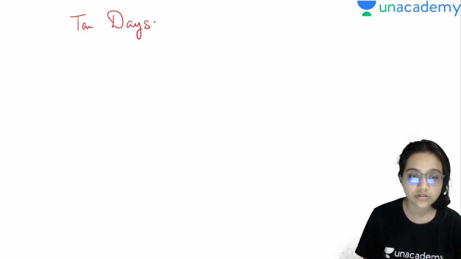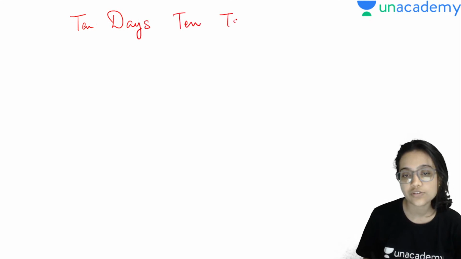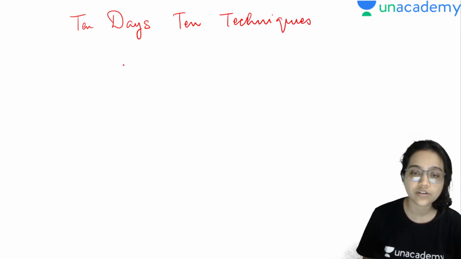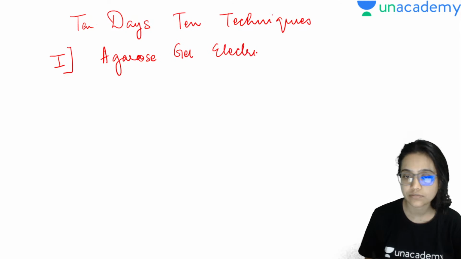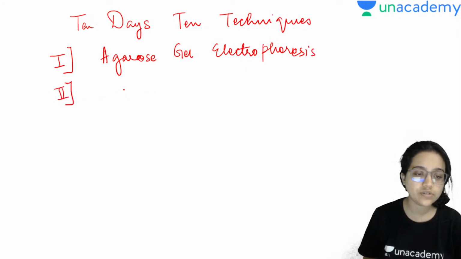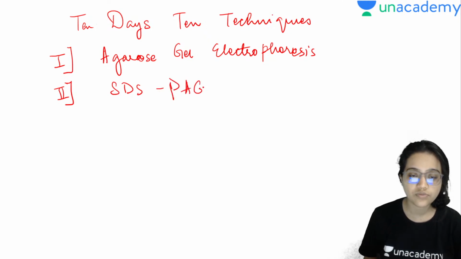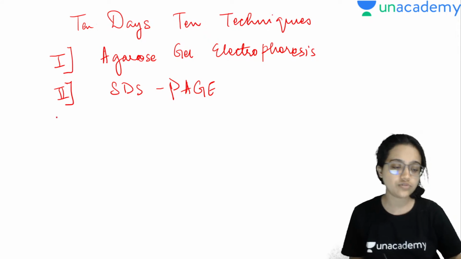In this series, 10 days, 10 techniques, we have finished quite a lot. I will just summarize what we have done. In case you have missed it, you can go back and watch these lessons. On the first day, we did Agarose Gel Electrophoresis. On the second day, we did SDS-PAGE, sodium dodecyl sulfate polyacrylamide gel electrophoresis.